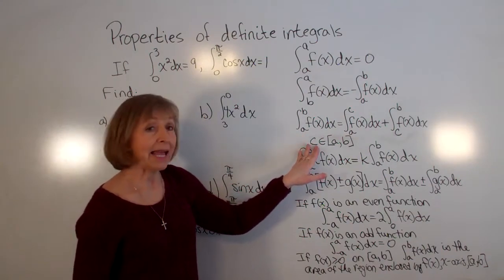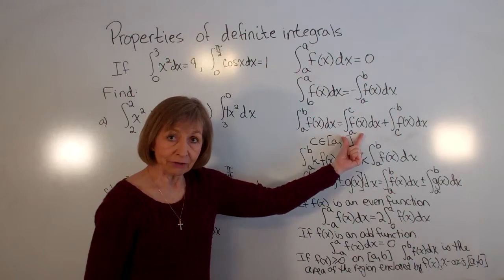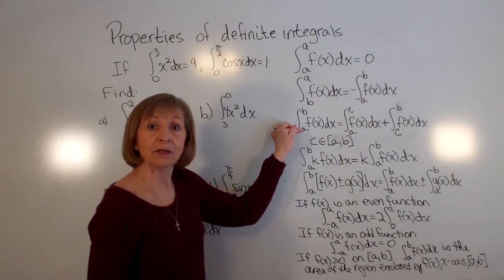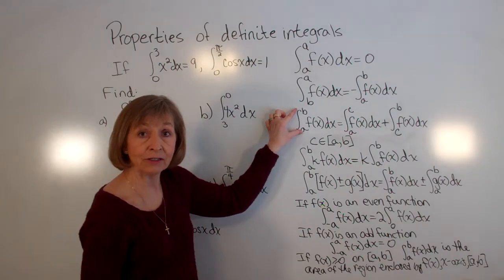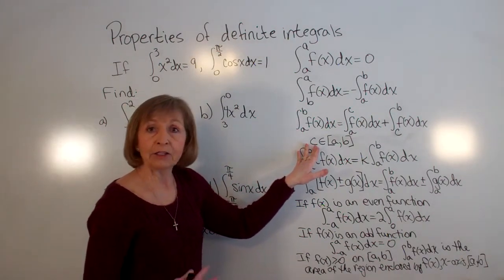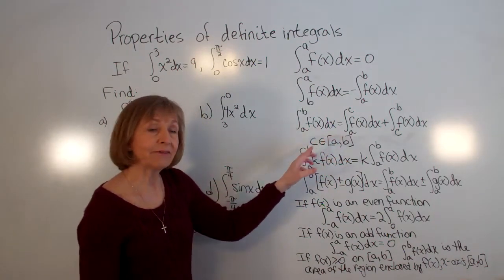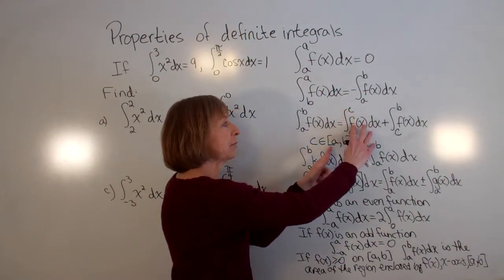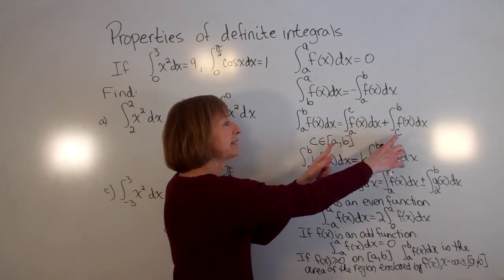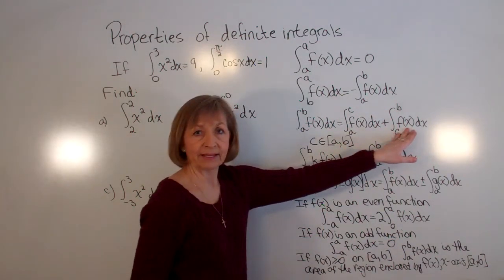Next up, if I have some value in my closed interval that's represented by the lower limit of integration and the upper limit of integration of my definite integral, for that value somewhere in that closed interval, I can take the definite integral from the start of the interval to that number of f of x dx, plus pick up at that number and go the rest of the way to the end, f of x dx.